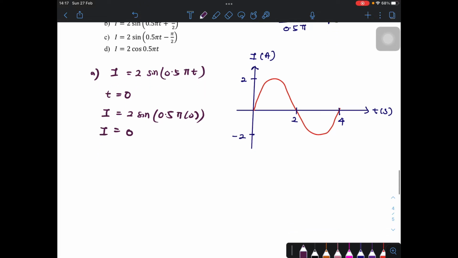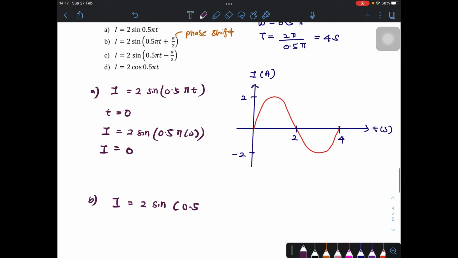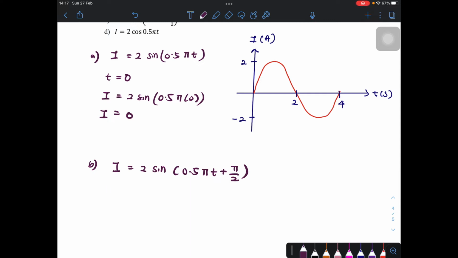Okay, the next one is when we have a phase shift. So this is what we call a phase shift. I is equal to 2 sine 0.5 pi t plus pi over 2. So we substitute t is equal to 0.